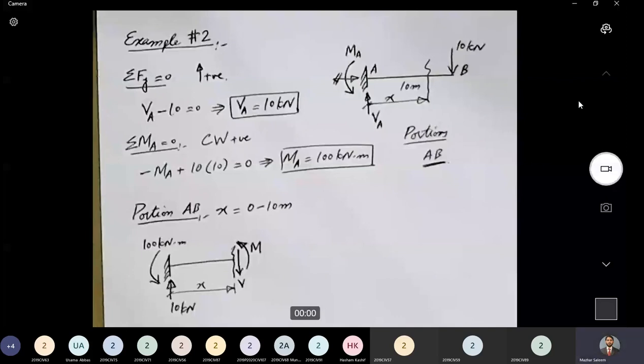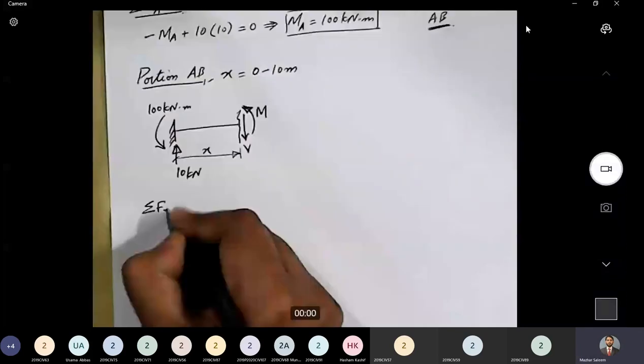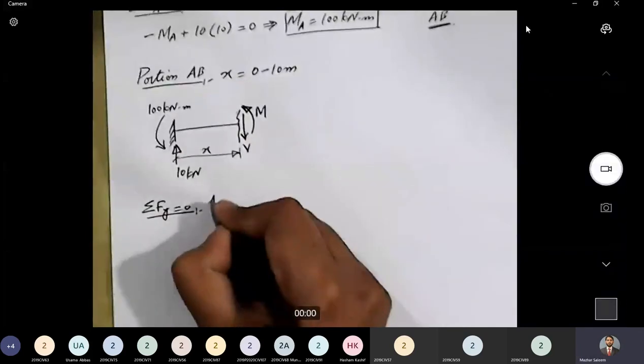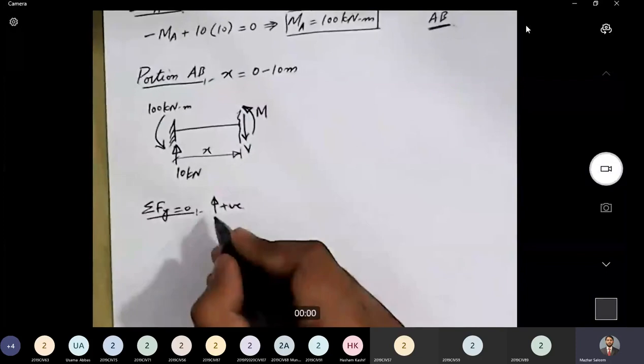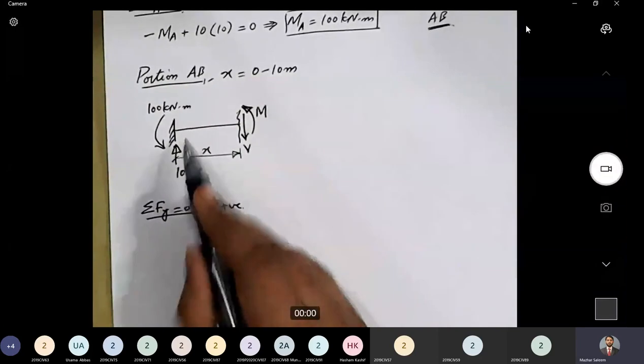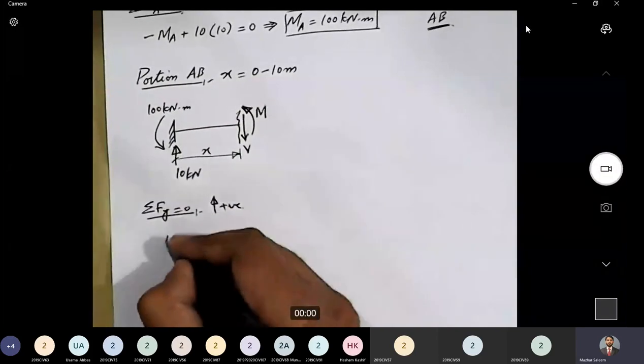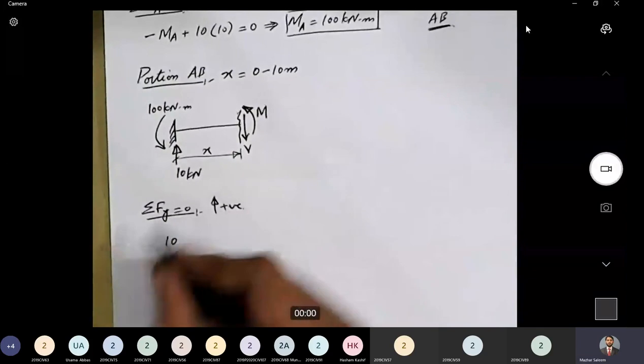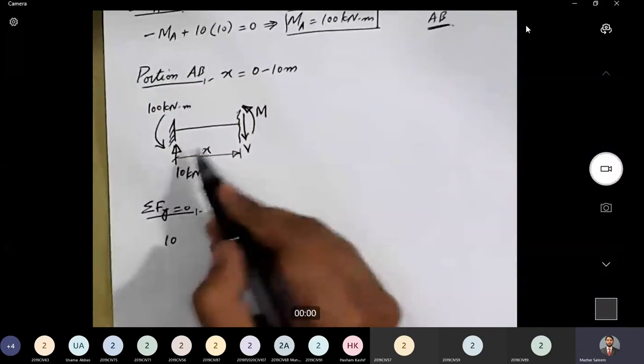Now the equation for sigma Fy equal to 0, and our convention is upward positive. How many forces are acting in vertical direction, starting from this end? 10 kilonewton is acting in upward direction, so positive 10. Then we move right.